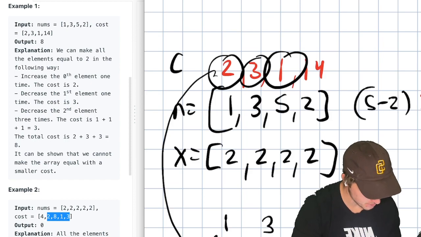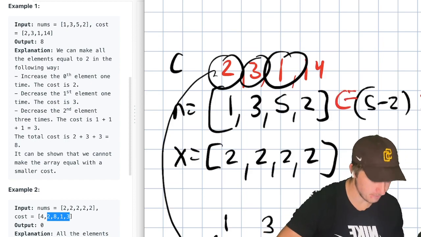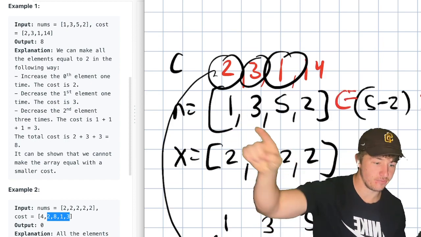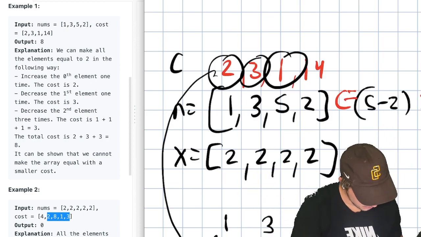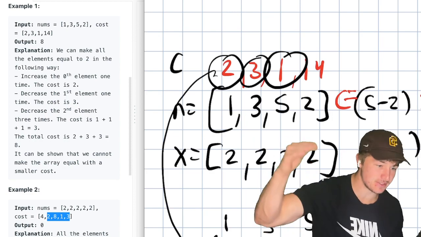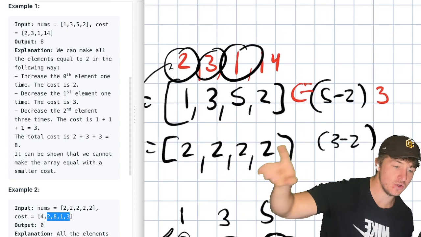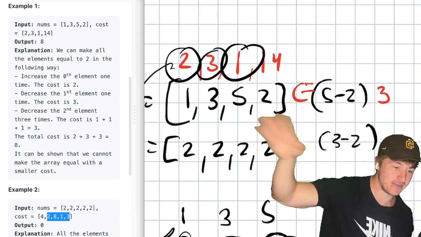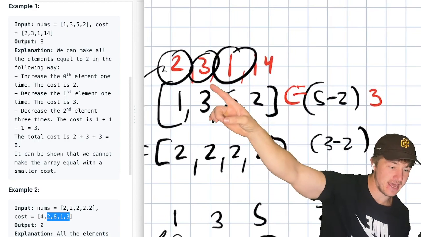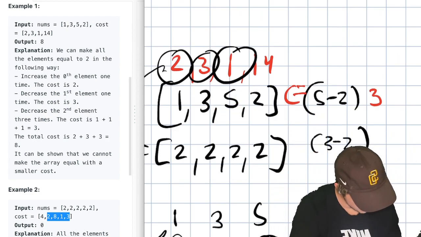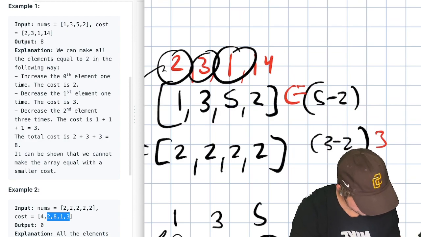And that's how much the cost was of doing this. How many times do I have to change 5 to get it to 2? Well, that's the difference between them, right? So that's how many steps I have to do, and then the cost of this is 1, I apologize.